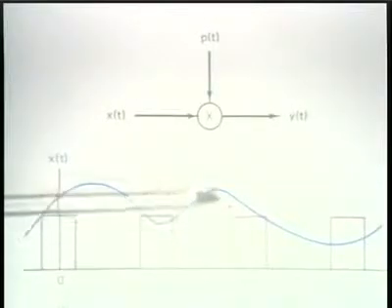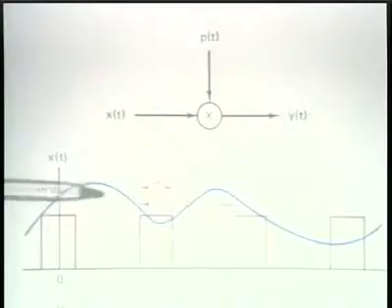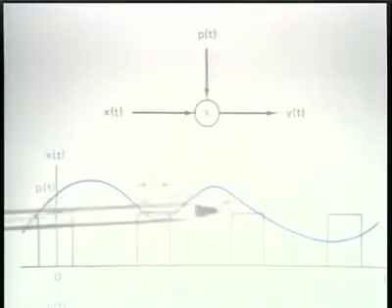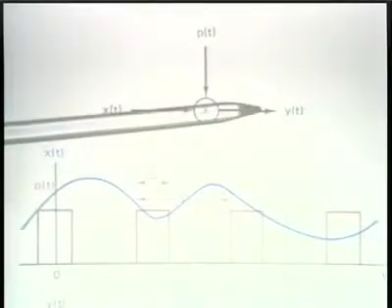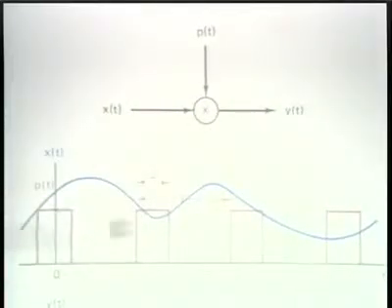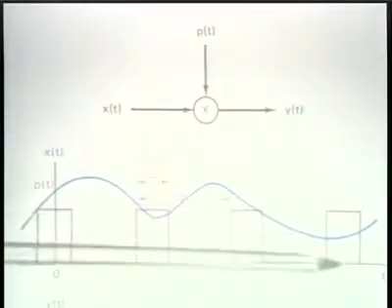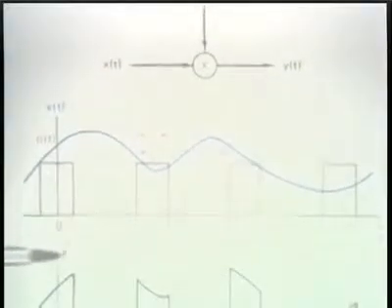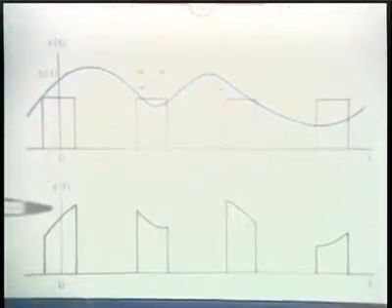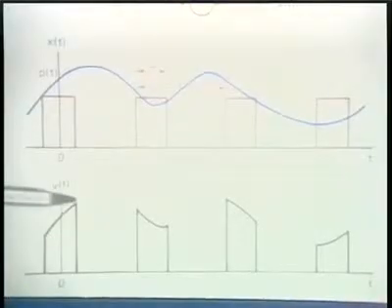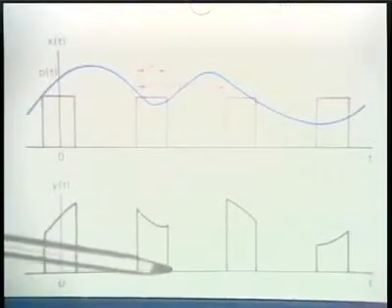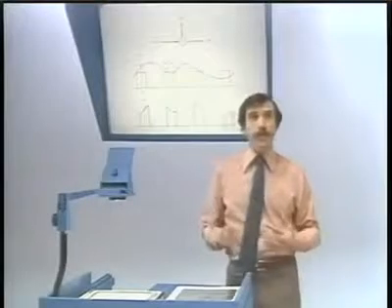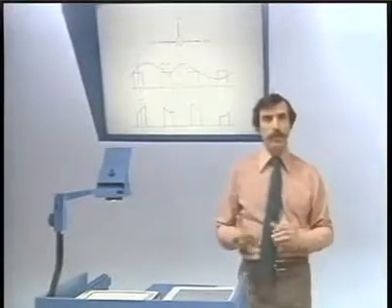And so what we want to do is multiply the input signal by a pulse train, and in effect, the modulated signal consists of the original signal simply with time slices pulled out of it, as I've indicated in the bottom curve. So what we have now is a modulated signal that is a chopped or sliced version of the original waveform, and that is what's referred to as pulse amplitude modulation.